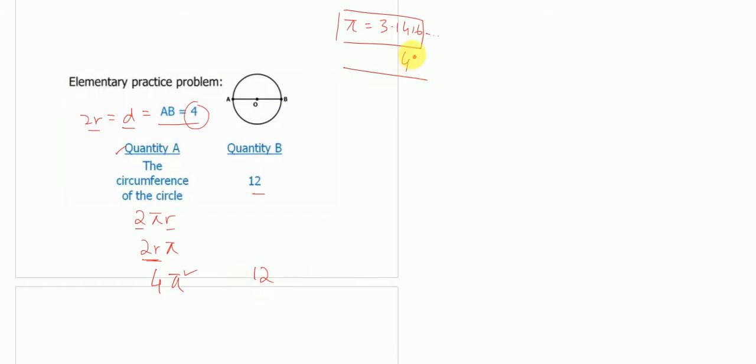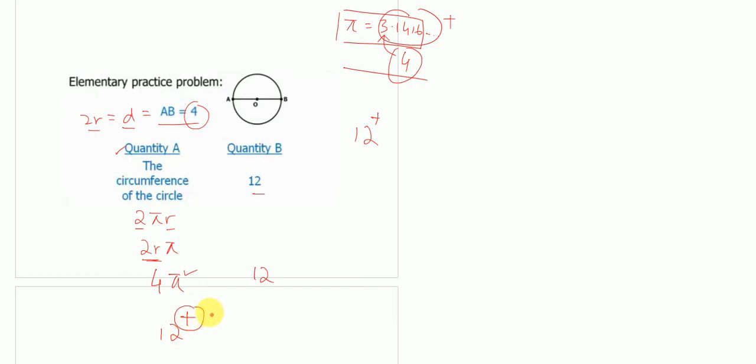If you just multiply 4 with 3, you get 12, right? And since this number is slightly bigger than 3, definitely the value under A would be bigger than 12. I'm putting this plus sign to show that this value is not 12, but something bigger than 12.